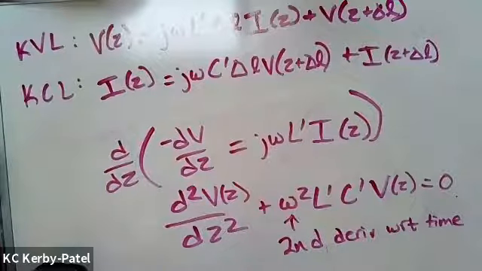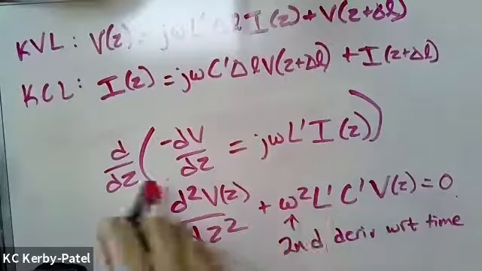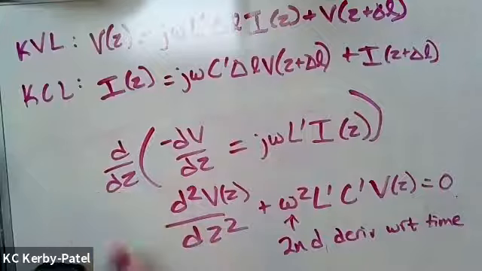So much like the electric and magnetic fields, voltage and current on a transmission line obey a wave equation, because as you might imagine, if I just took that z derivative of the lower equation instead of the top equation, we could write the same equation for I as well.